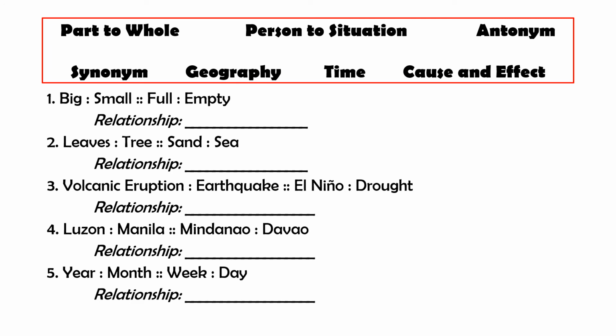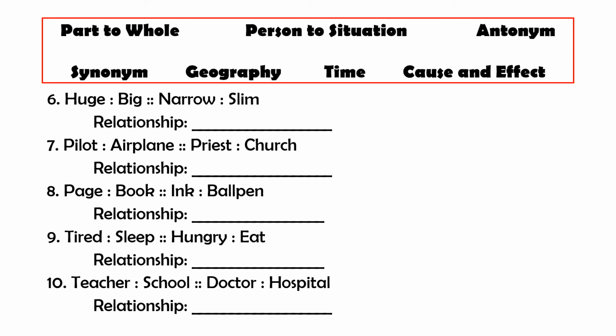Number 5. Year is to month as week is to day. What is their relationship? Next, huge is to big as narrow is to slim. What is their relationship? Number 7. Airplane pilot is to airplane as priest is to church.